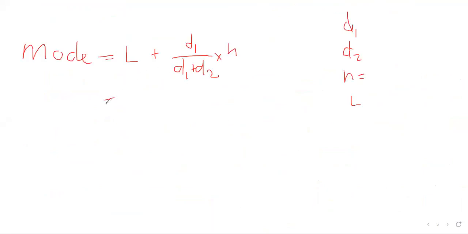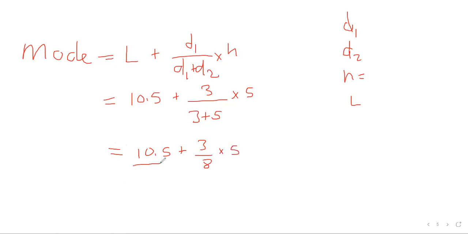So let's see here. Our L was 10.5. Our D1 was 3. So 3 plus 5. And our height was 5. So what we have here is 10.5 plus 3/8 times 5.